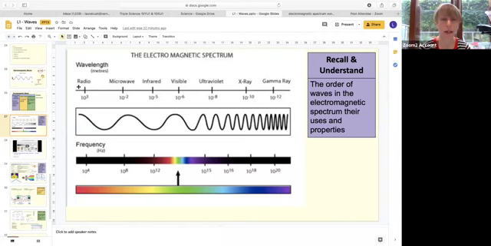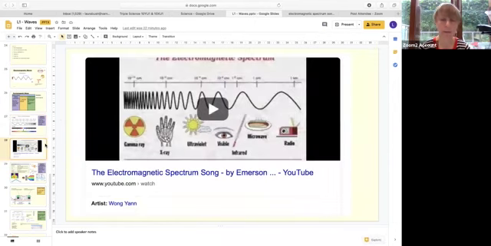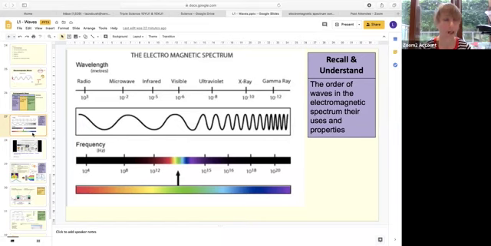You will need to know the order of the waves in the electromagnetic spectrum. There is a song, which I am not going to play, but I'll let you treat yourselves to that later. It looks like this. You just type in the electromagnetic spectrum song. It is quite catchy, but also quite bad, so that you can look at it to recall the order.